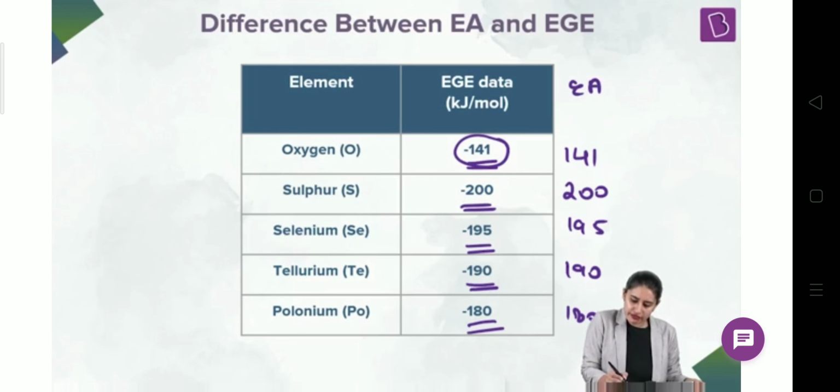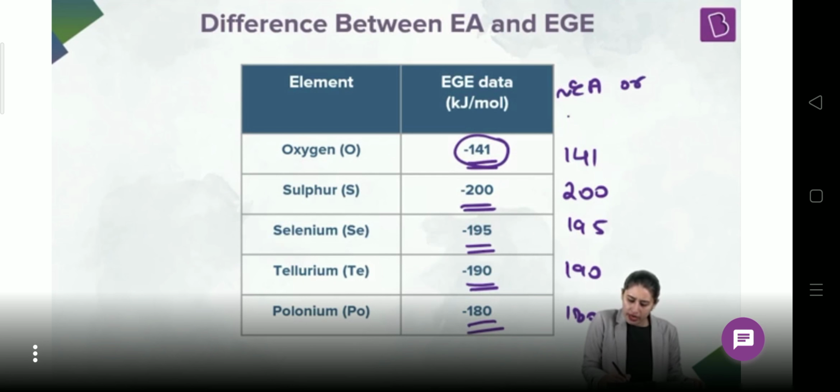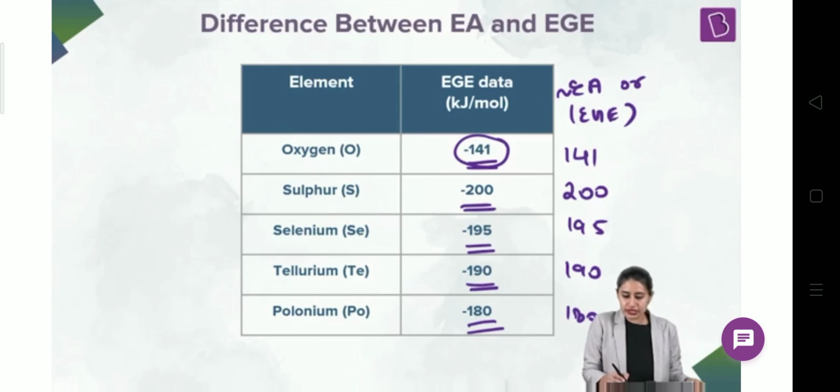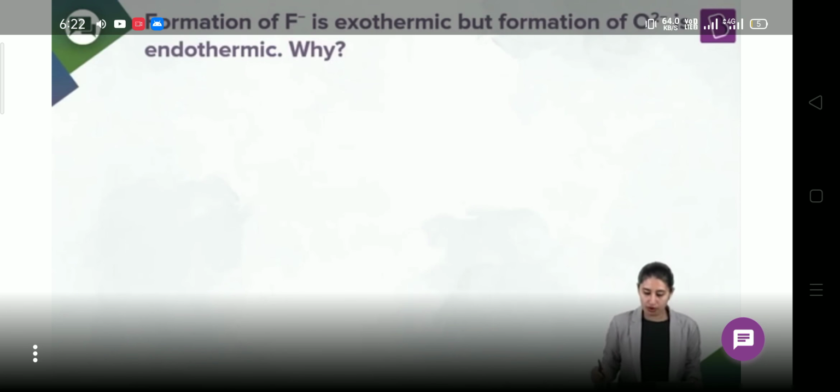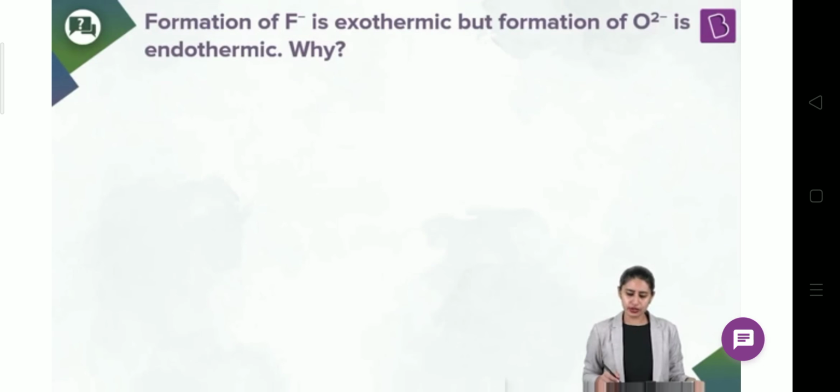This is electron affinity roughly, or the mod of the electron gain enthalpy. Now you can see the maximum is for sulfur, then selenium, then tellurium, then polonium, then oxygen. Sorted. Clear? So formation of F minus is exothermic, but formation of O2 minus is endothermic.